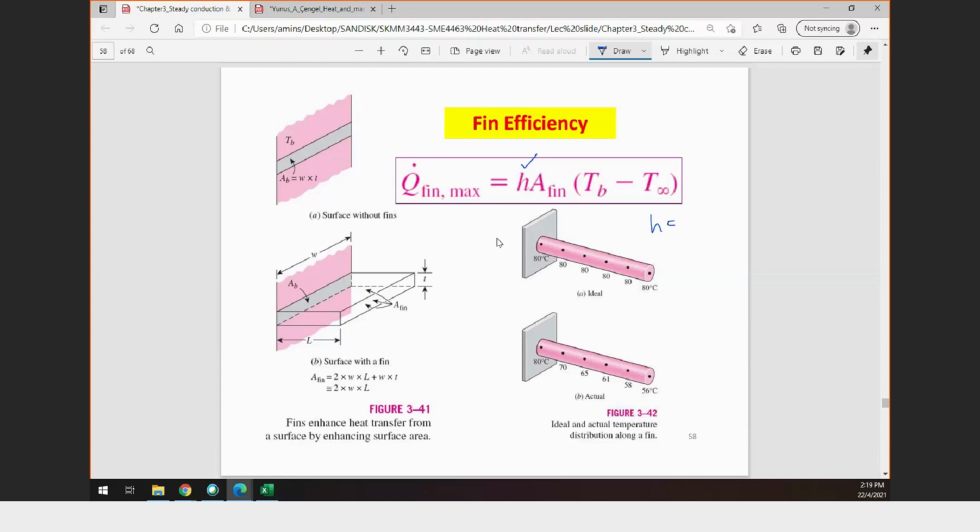Okay, the h value. A fin. What is the A fin? A fin is normally the area of the top of the fin, the front, and the bottom one. Okay, so it is not considering this.